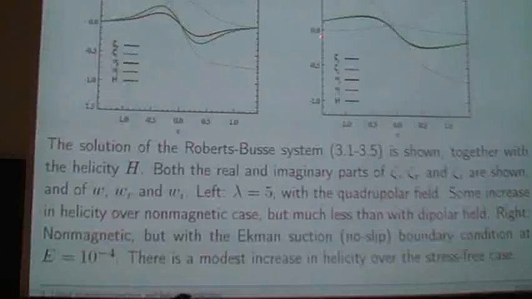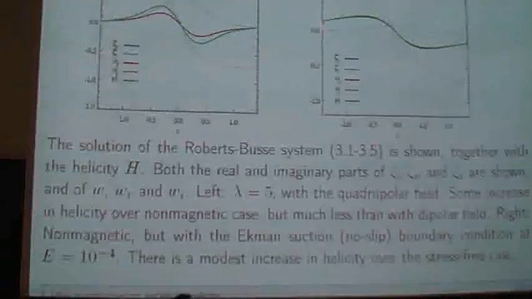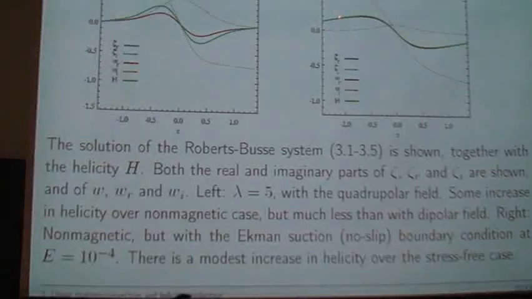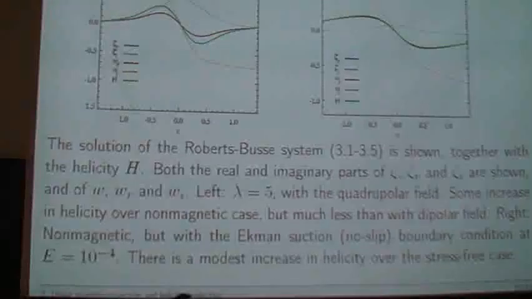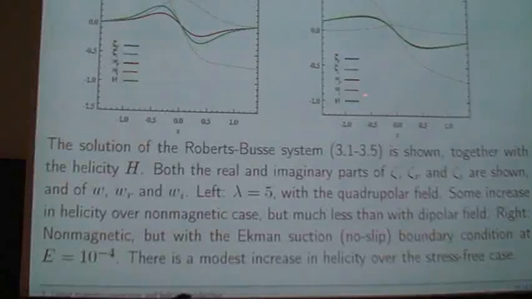This is less obvious in what it's doing, but it's actually pushing it off the zero because the suction is there. So there's actually quite a region here where you're getting net helicity. Although it doesn't look much different at first sight from the stress-free one, which we had before, there is actually considerably more net helicity around this area, where it's quite important.